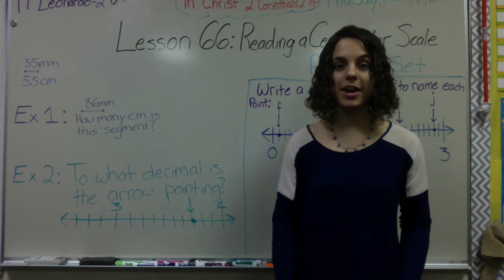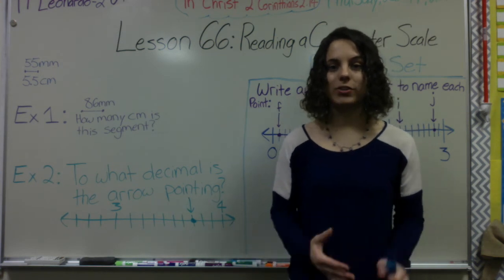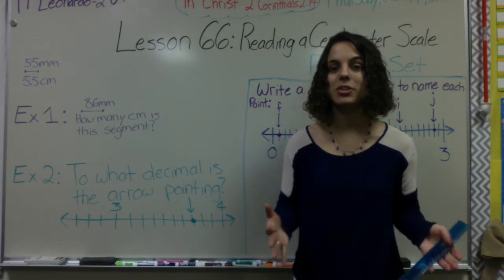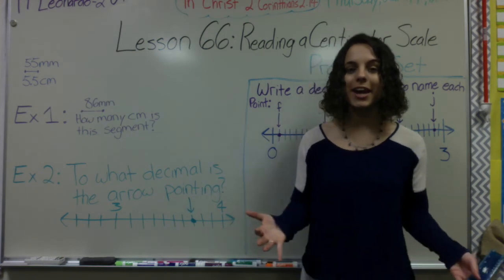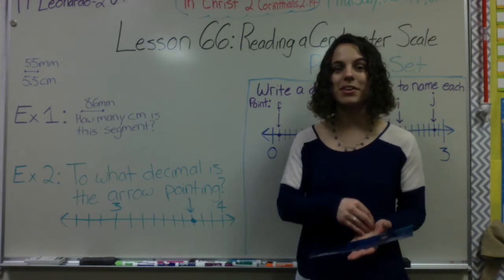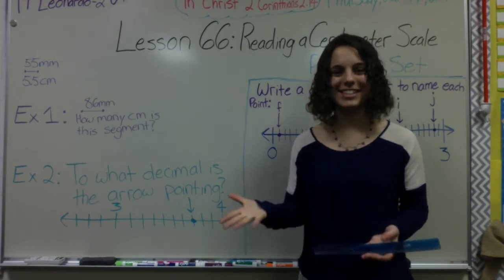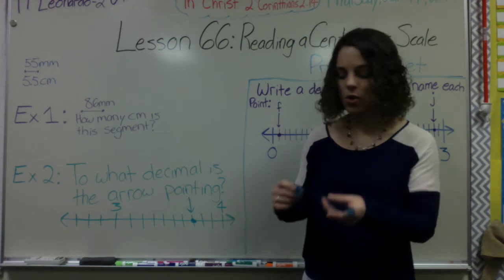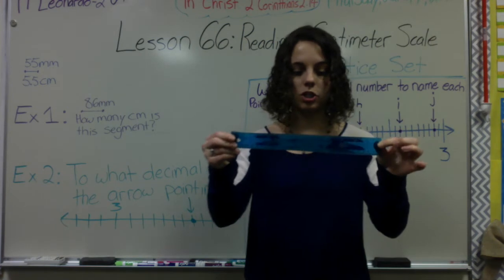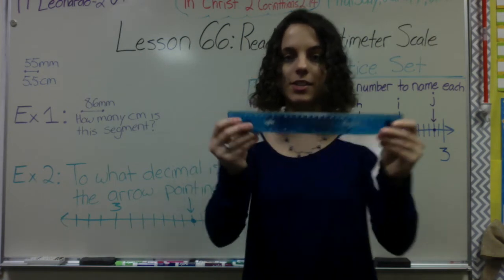Now, we did learn in a previous lesson about centimeters and millimeters and decimeters and how many centimeters are in a decimeter, that one decimeter equals 10 centimeters. So this is a regular ruler that most of you have, and this is our centimeter side.